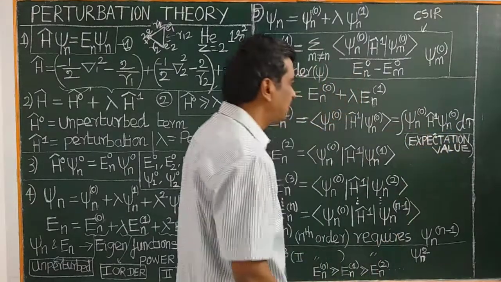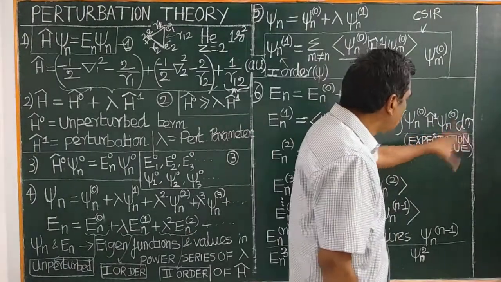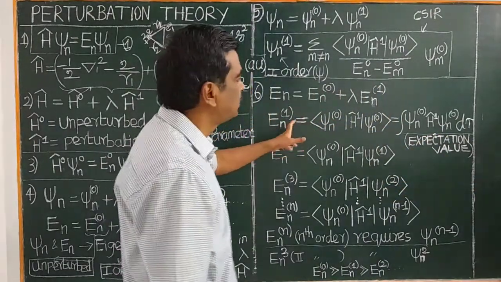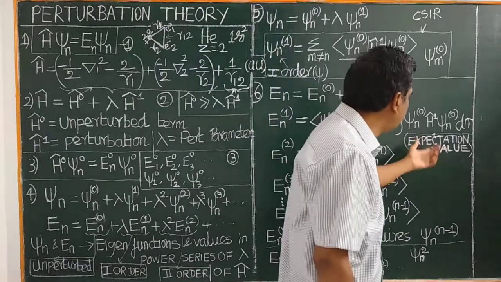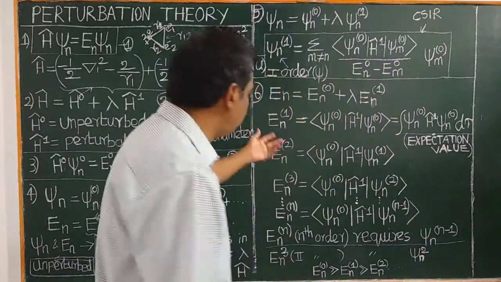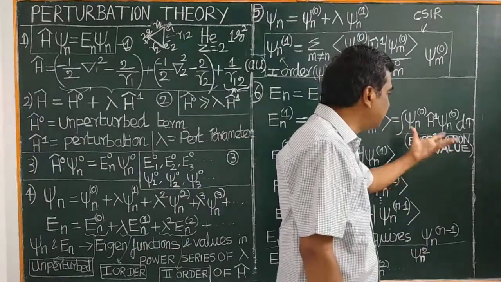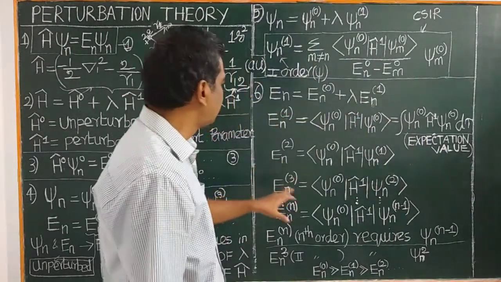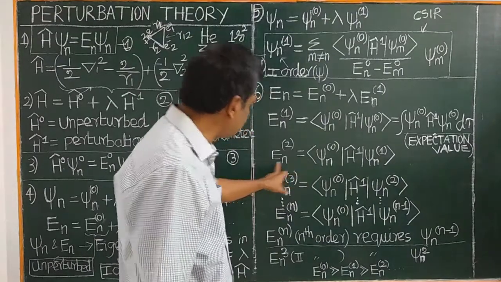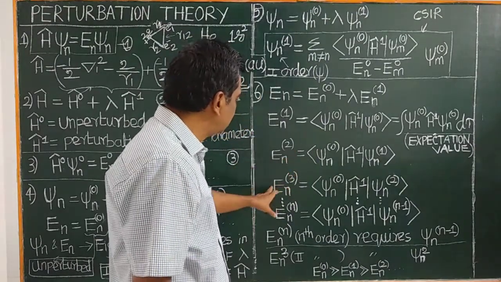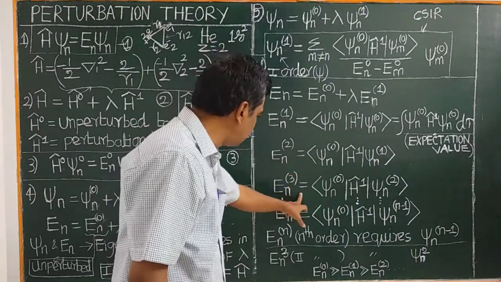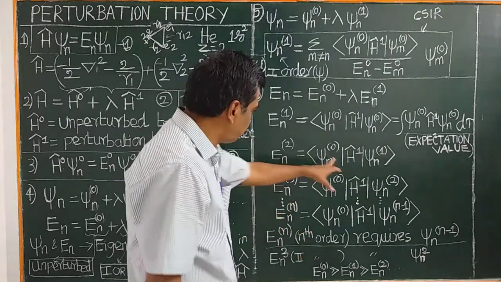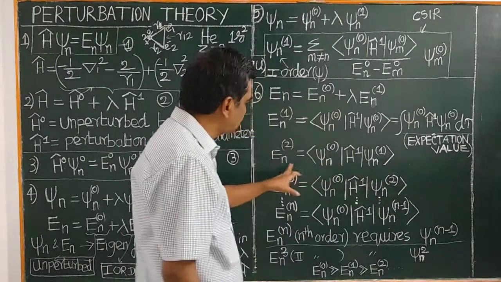We have already studied this: the first order perturbation energy is the expectation value of the perturbation. This we have studied in the postulates of quantum mechanics. Similarly, the second order, third order, and nth order energy corrections can be obtained by using these integrals.